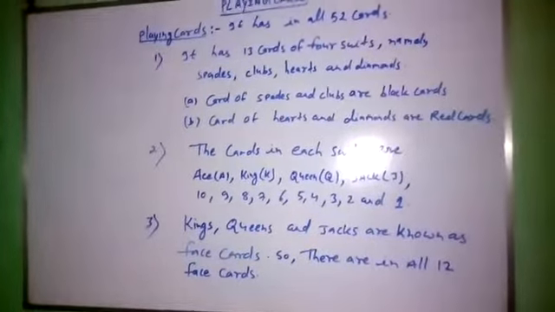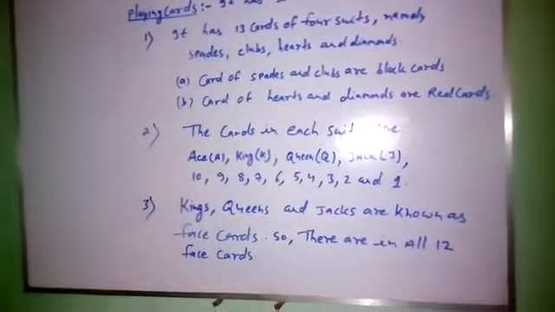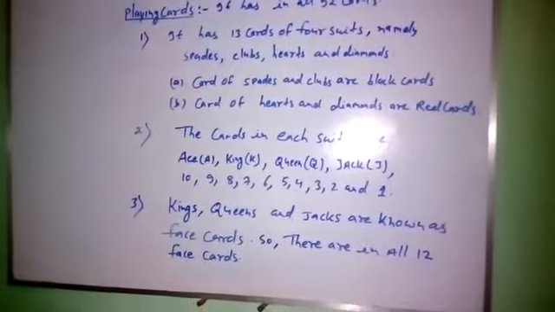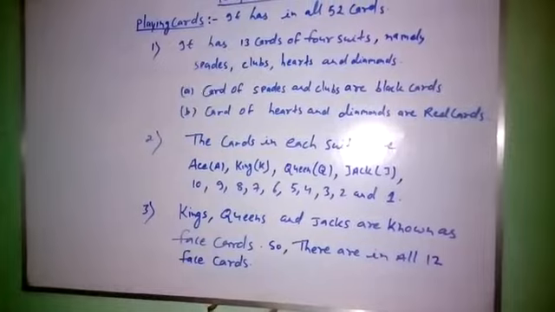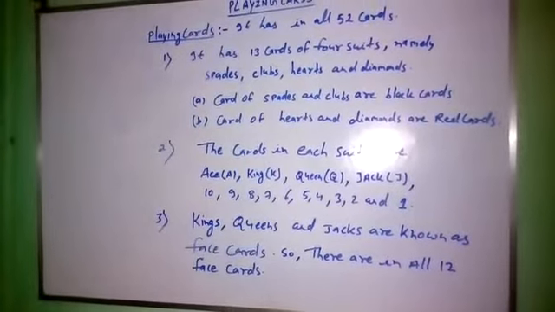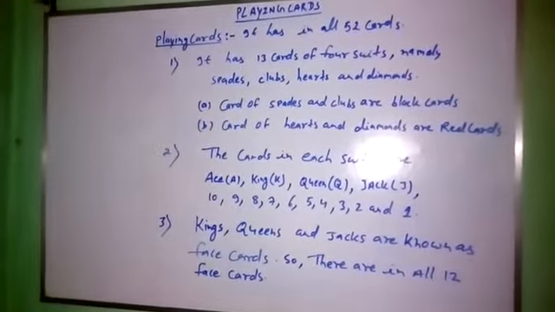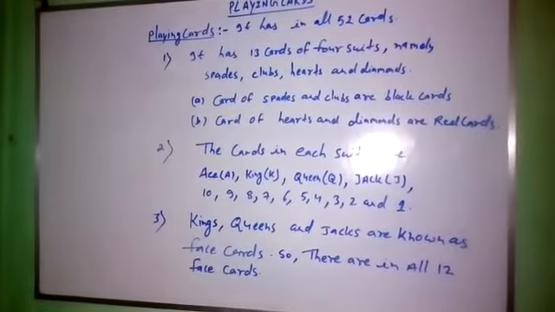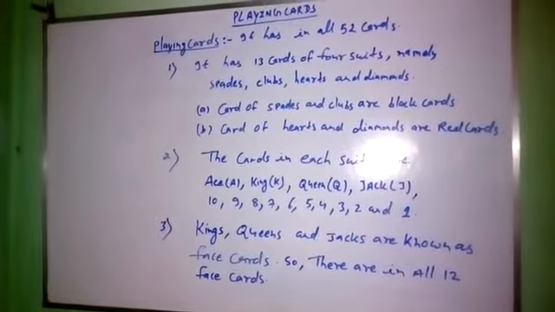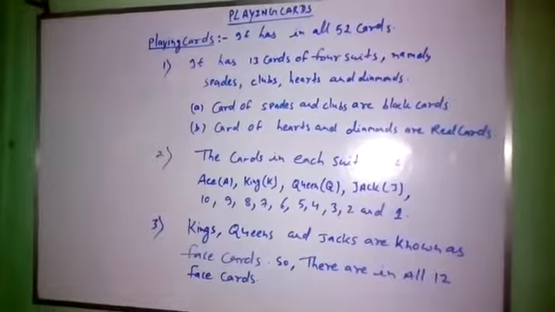These are the 13 cards, in which the kings, queens and jacks are known as face cards. So there are in all 12 face cards. Understood?